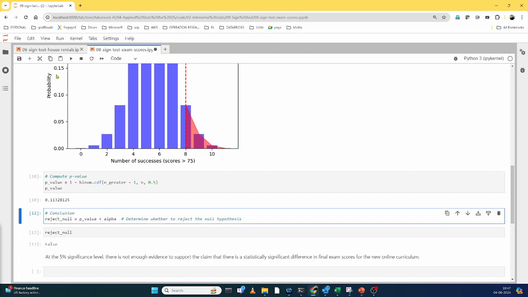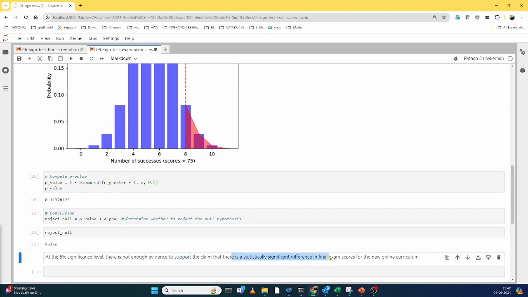And the conclusion is, you will not be able to reject. So that means at 5% significance level, we do not have evidence to support the claim that there is statistically significant difference in the final scores because of the new online teaching method.